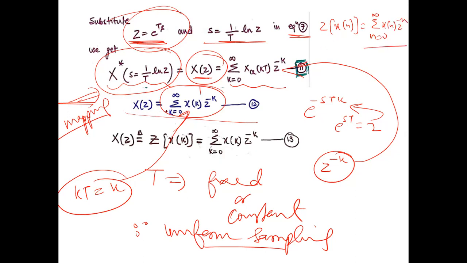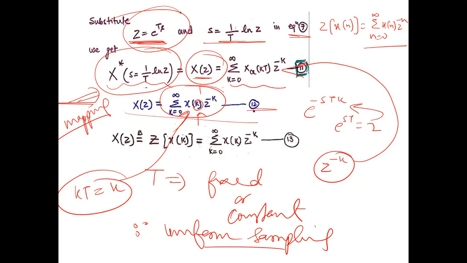But here we have k instead of n. So this equation is directly similar to equation number 2, and it represents the one-sided Z transform of the given discrete time, or you can say an impulse modulated signal, x star t. We have derived all this from x star t only, right?